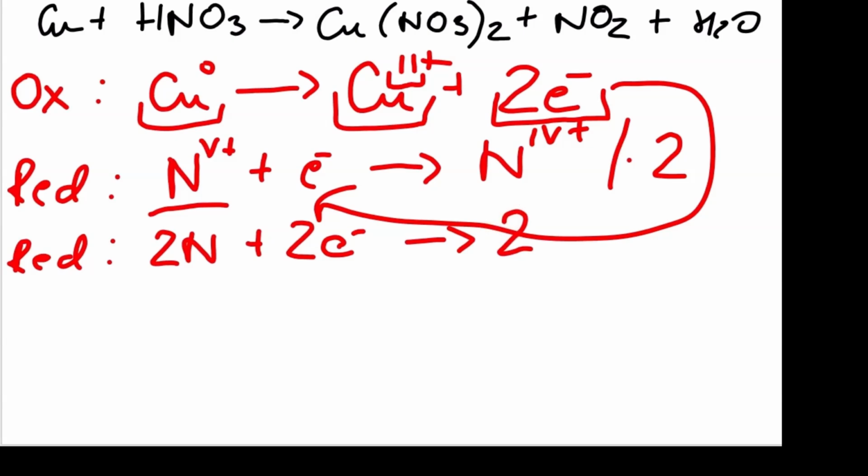Okay, so we have two atoms of nitrogen and two electrons. So here we have these two half cell reactions: oxidation reaction and reduction reaction. What else? What's more important here? I told you that in this method we do not use ions.